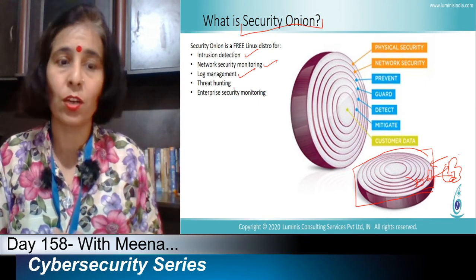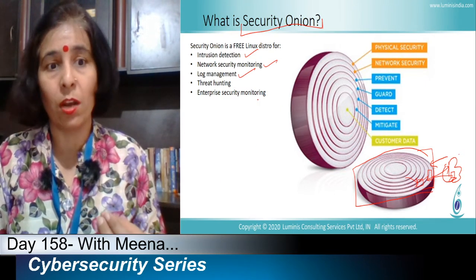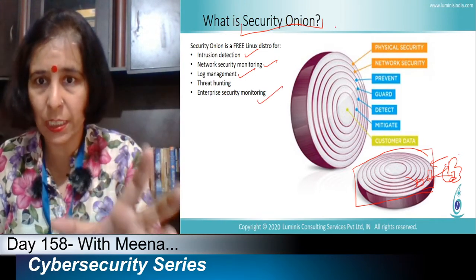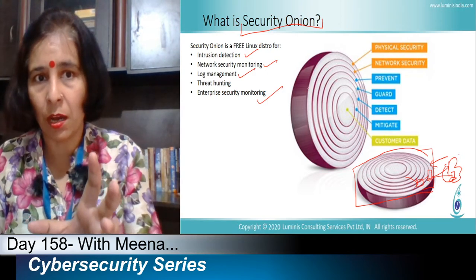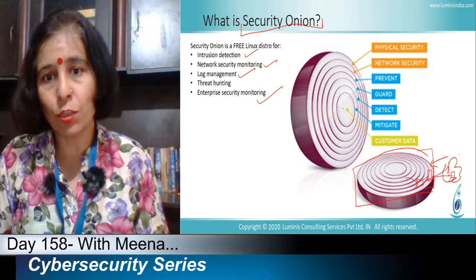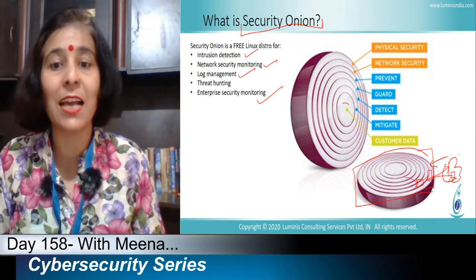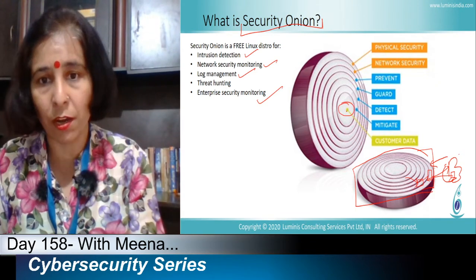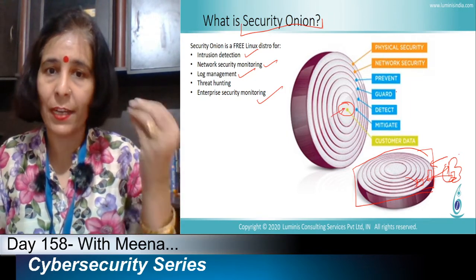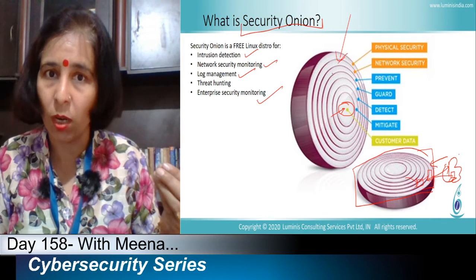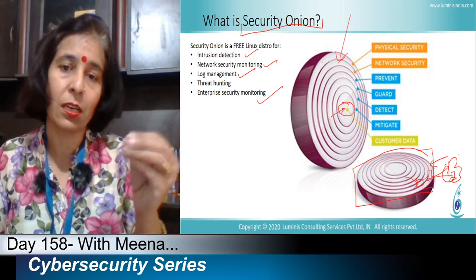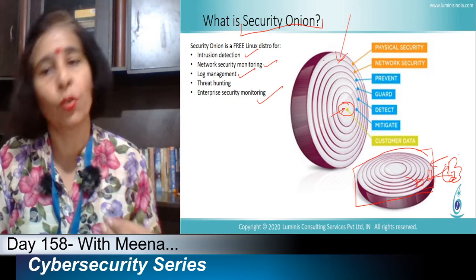We can do threat hunting, and monitor security at the enterprise level. In this diagram of the onion, there are multiple layers, and our valuable data is at the innermost layer of an enterprise, while multiple kinds of attacks come from the outside world and we want to observe them. This can be provided with the help of Security Onion.